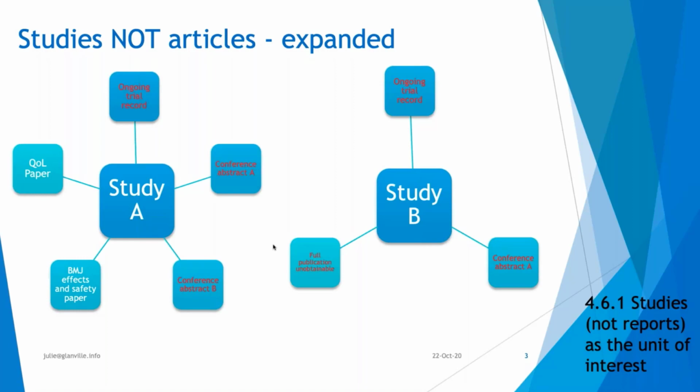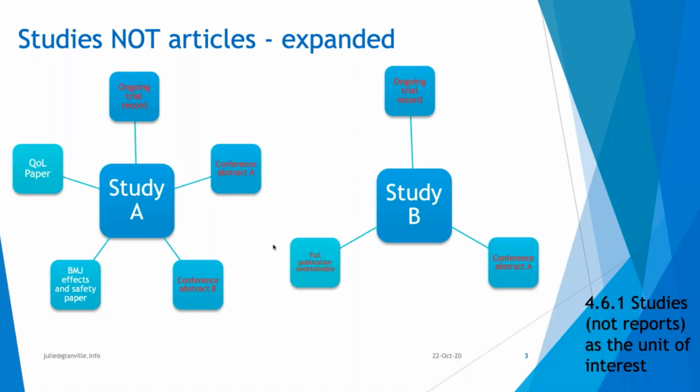The other thing that we try to emphasize more in this new edition is the fact that we're interested not just in the studies where we can get hold of the results, but also studies where we can't get hold of the results. It's quite clear now that we want people to be aware that you might have a trial record and a conference abstract, but you can't actually get hold of the full publication. Either it's published and unobtainable, or it's still being published, or whatever.